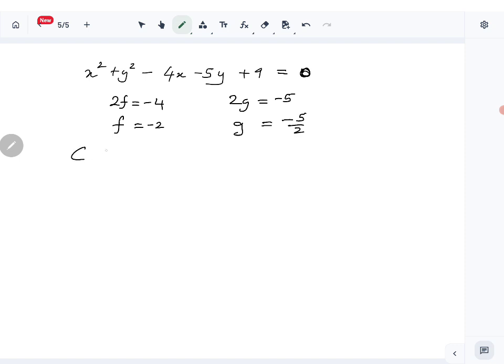So then the center is given by (minus f, minus g). So (2, 5 over 2) is the center. Right. Then we need to check whether this value (2, 5 over 2) is on the line L.